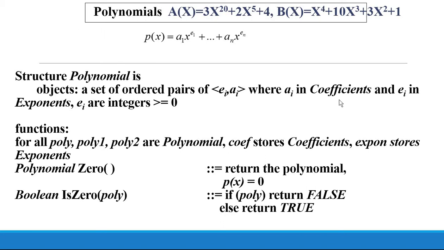If you want to perform addition of two polynomials, a polynomial and b polynomial will have, for this abstract data type, what we have to define.